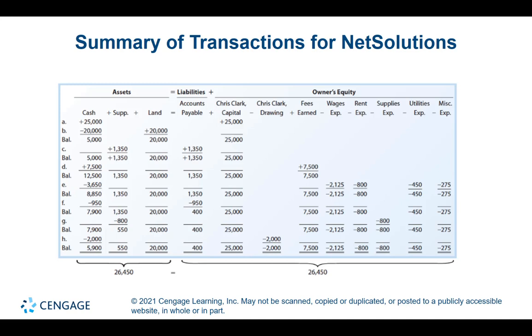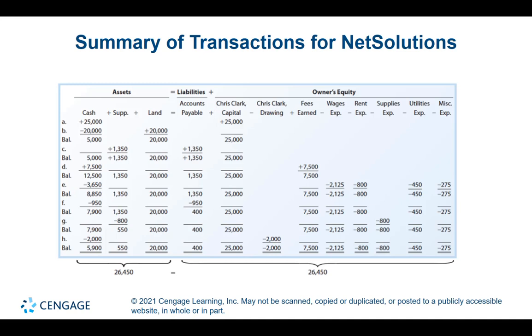Here we see expenses shown as a negative number because of its negative impact on owner's equity. The company operates by incurring expenses and earning revenue. Revenue, like fees earned, increases owner's equity. Expenses, on the other hand, decrease owner's equity.